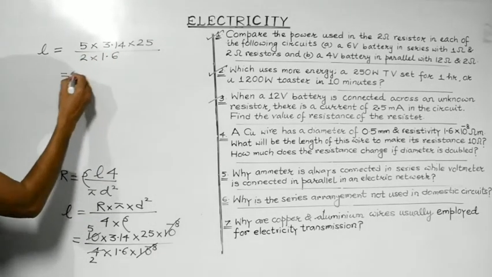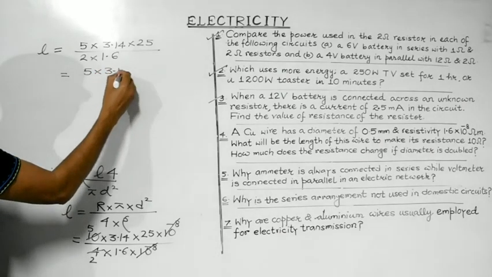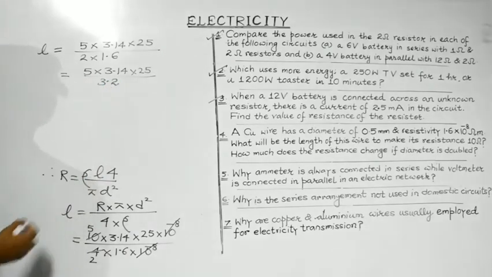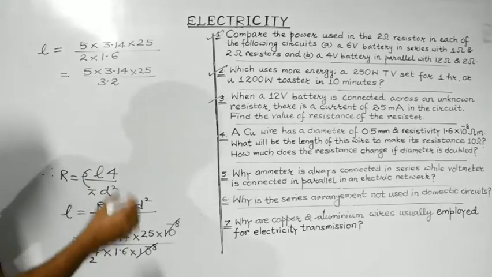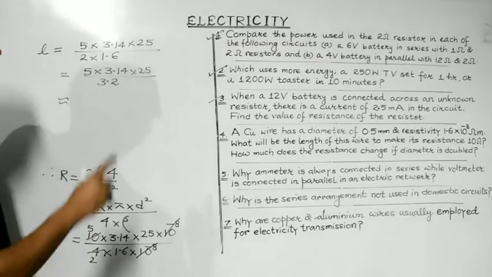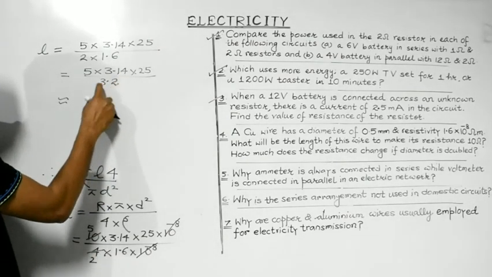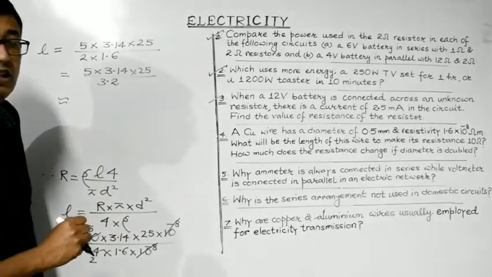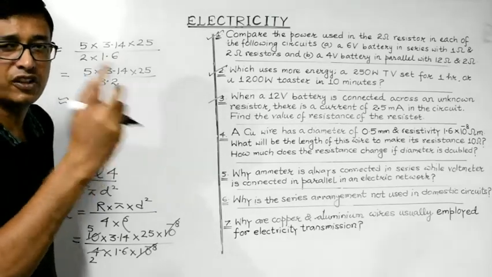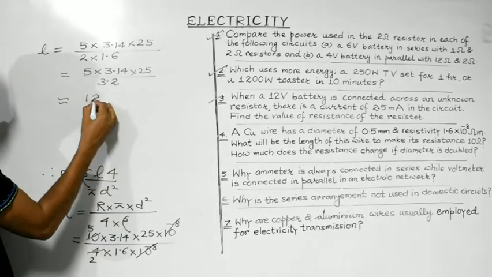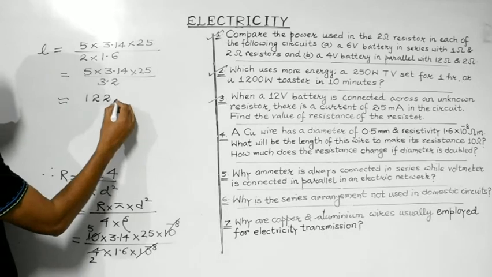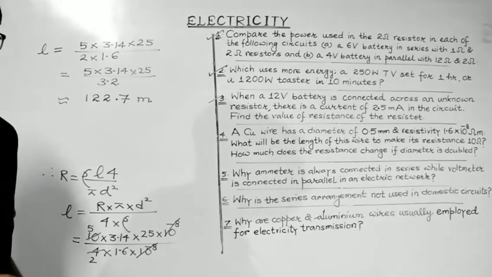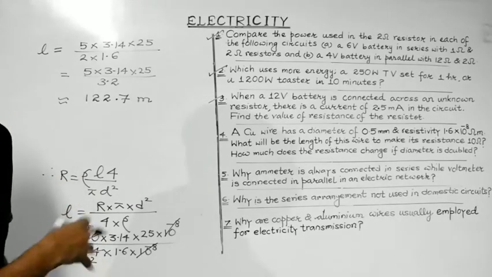So what we get is 5 into 3.14 into 25 divided by 3.2. Now look, approximately I will give you the answer. 3.14 divided by 3.2 will be about 0.9, something like that. 25 times 5 is 125, so 125 multiplied by 0.93 will be roughly about 122 or 123 meters. So if you solve it, it will be about 122.7 meters. Right? You can solve it yourself.